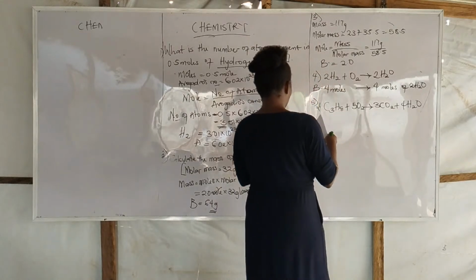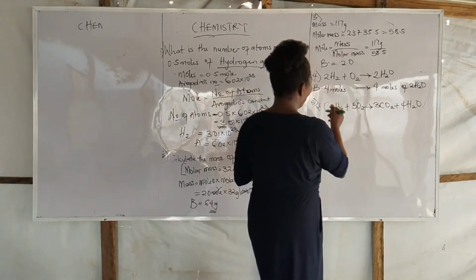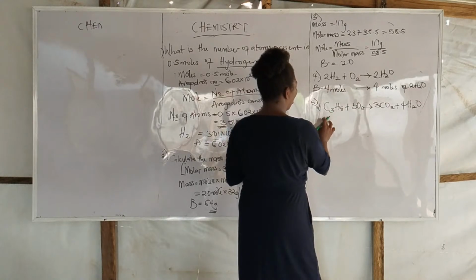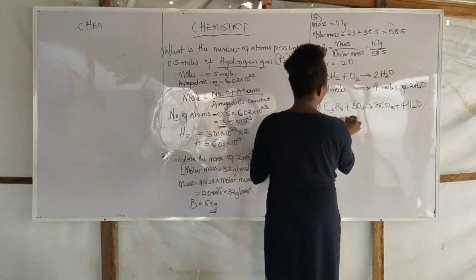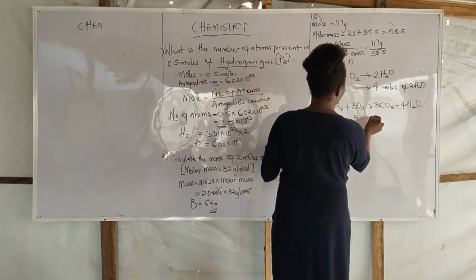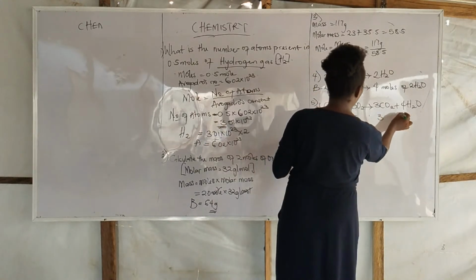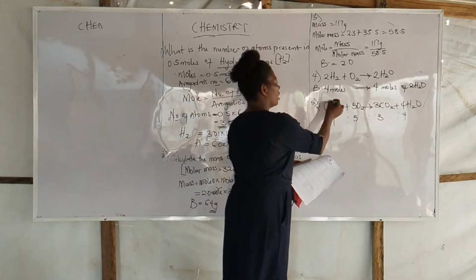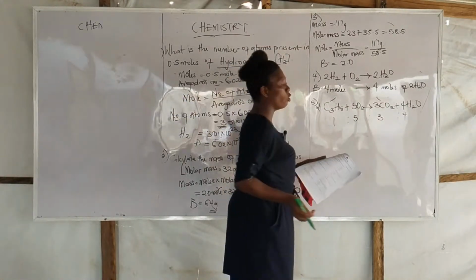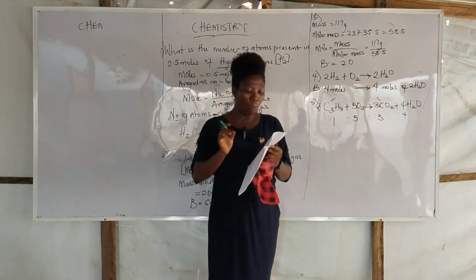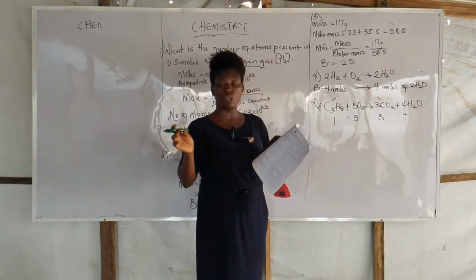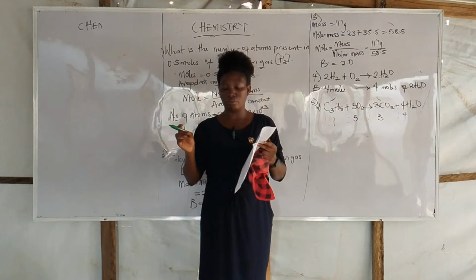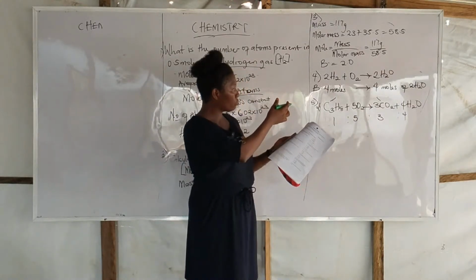If you look at it here, the mole ratio is 1 mole, 5 moles, 3 moles, 4 moles. The question here is relating to propane and carbon dioxide, which means that 1 mole of propane is equivalent to 3 moles.